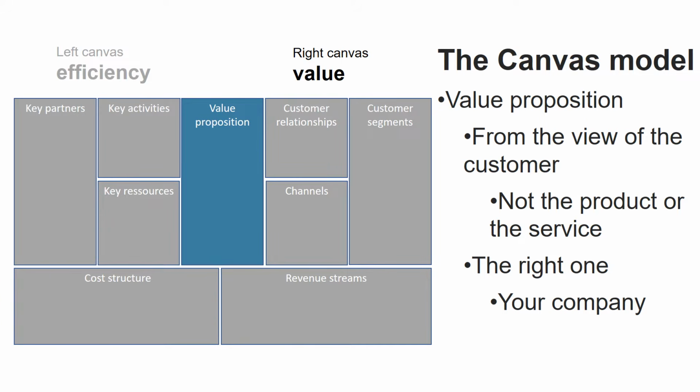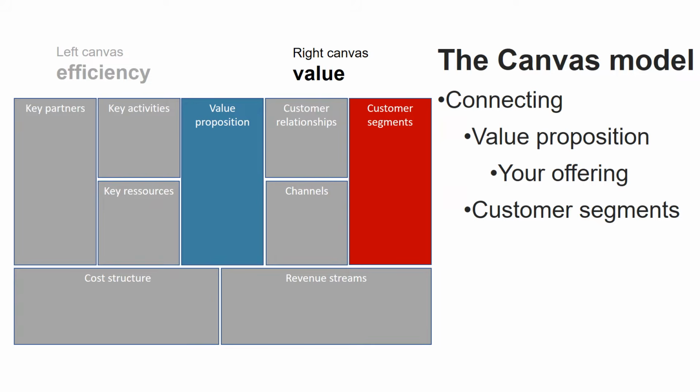If your value proposition is the right one for the specific customer segment, it is the reason why customers turn to your company instead of a competitor. Each customer segment requires one specific value proposition. You have to help your customers get their job done in a little better way than anyone else can offer.